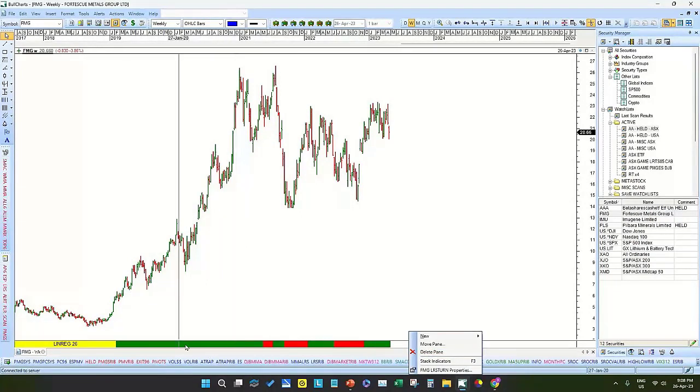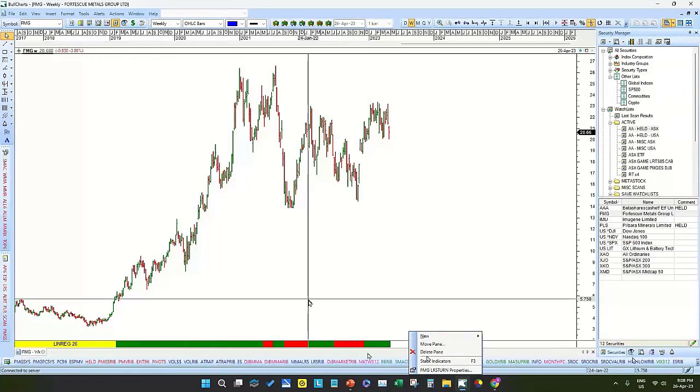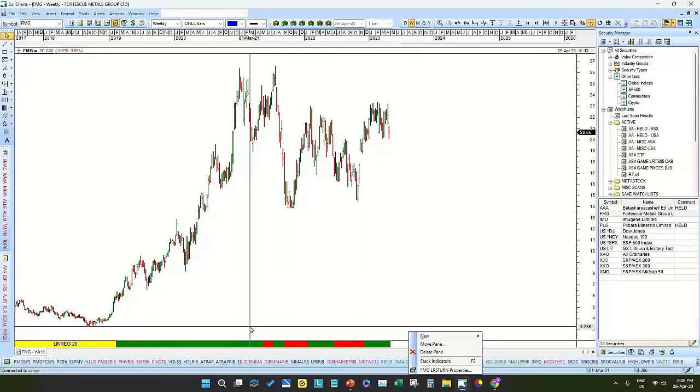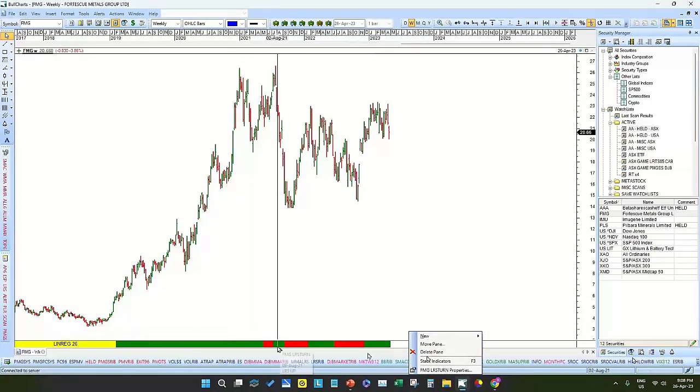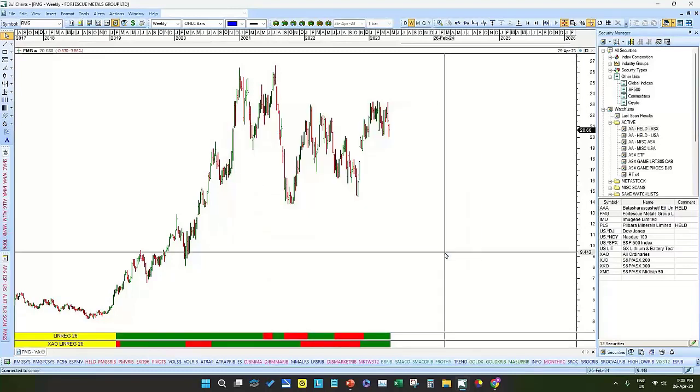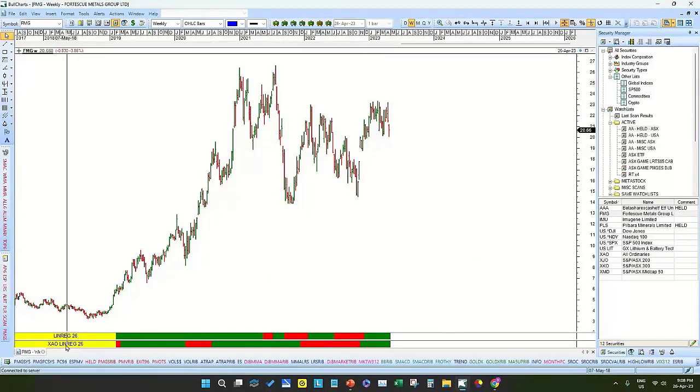There is the 6-month linear regression line for FMG, which says this is going up here and there's a bit of a difficult time here. But what you may want to do is put up the equivalent for the index. So here's the XAO linear regression 26.